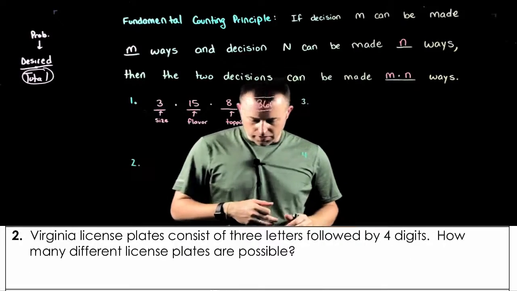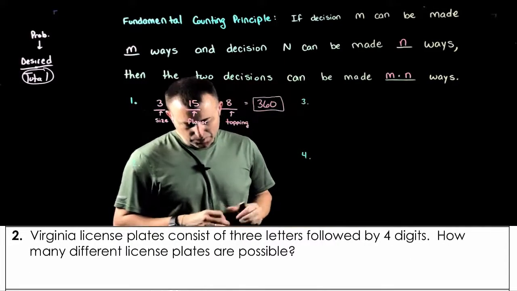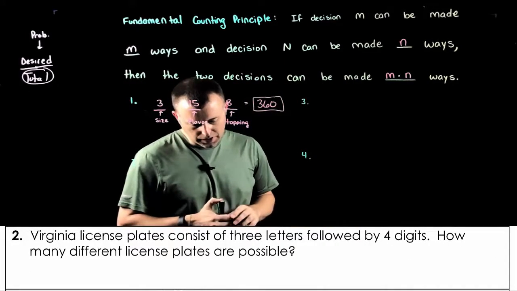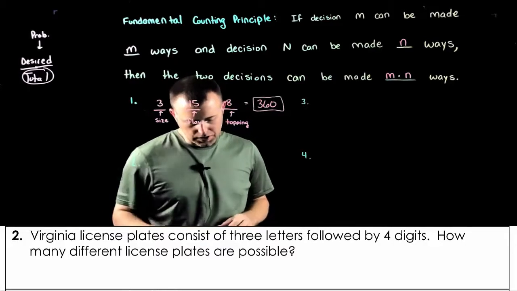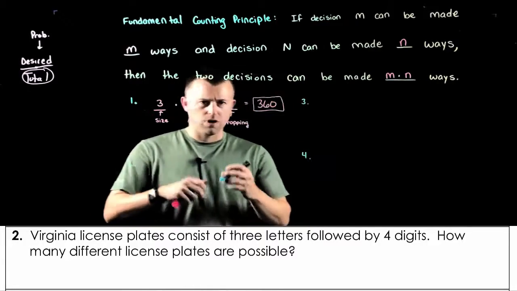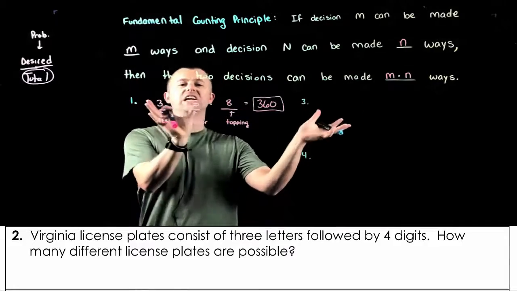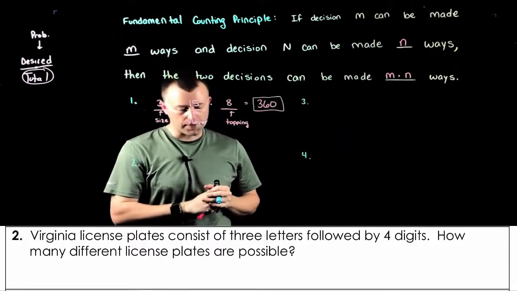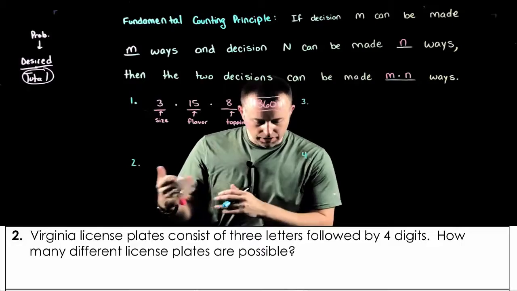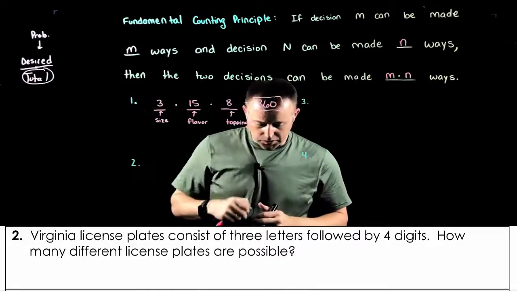Next up, number 2: Virginia license plates consist of 3 letters followed by 4 digits. So we have 3 letters and 4 digits, which is 7 total things. How many different license plates are possible?